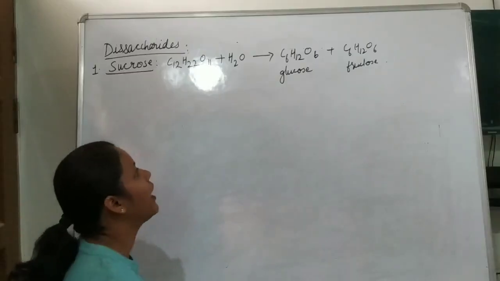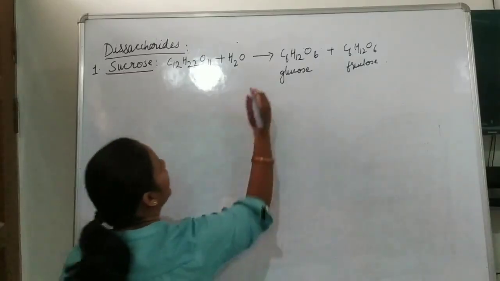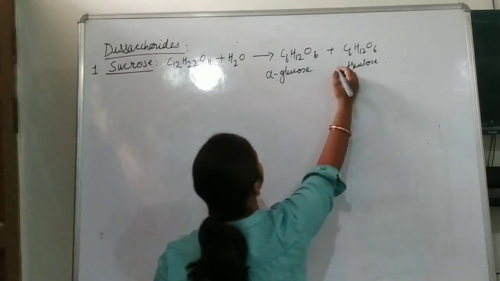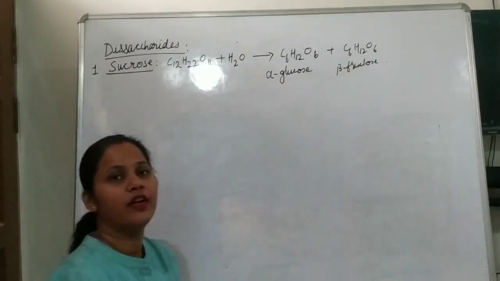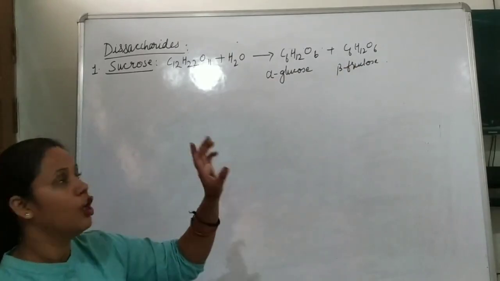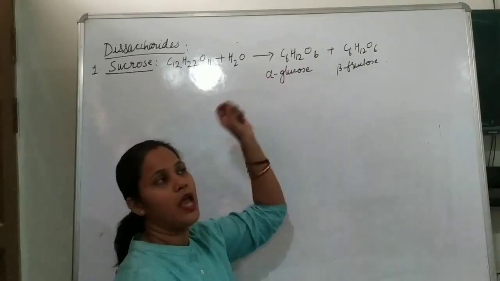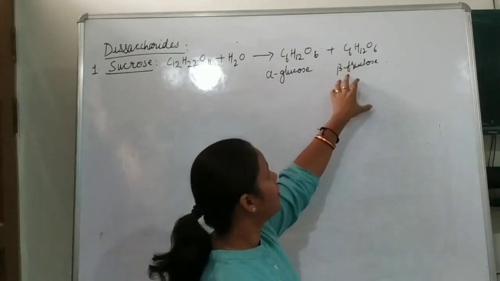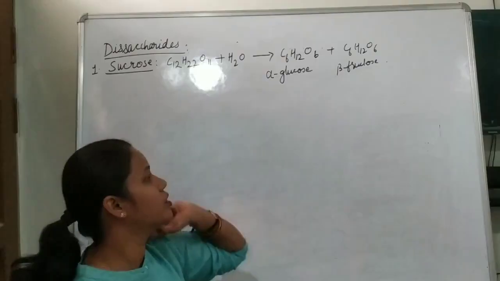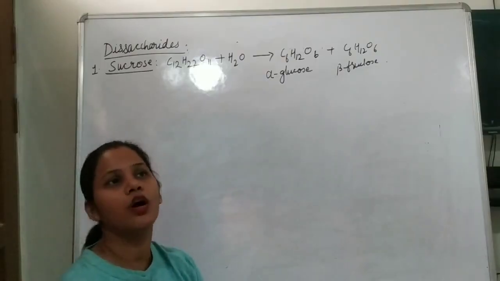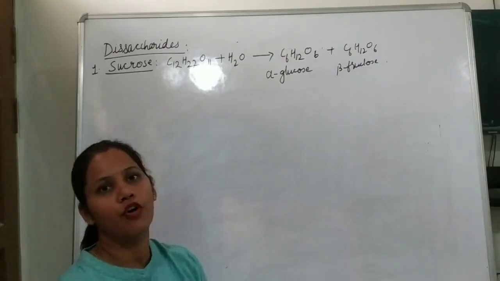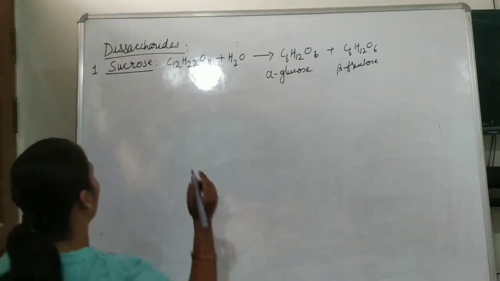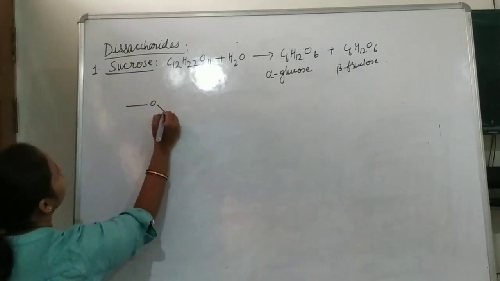Here, the alpha D glucose and beta D fructose will combine. Carbon 1 of the alpha D glucose and carbon 2 of the beta D fructose will join together through a glycosidic linkage and form a disaccharide, that is sucrose. Let us see how. We have just learned the structure.